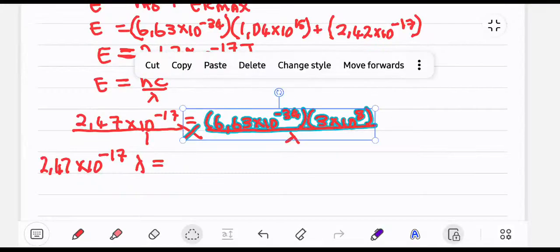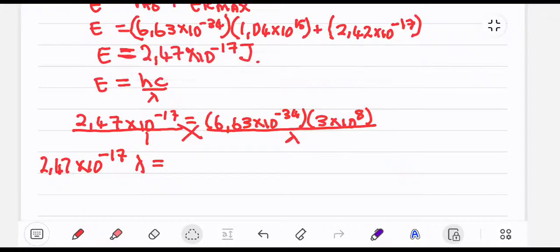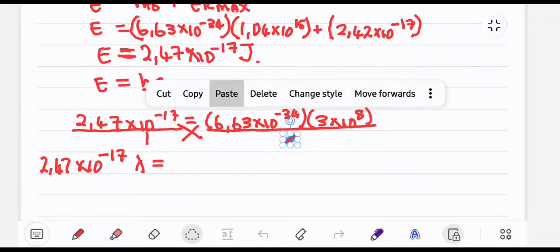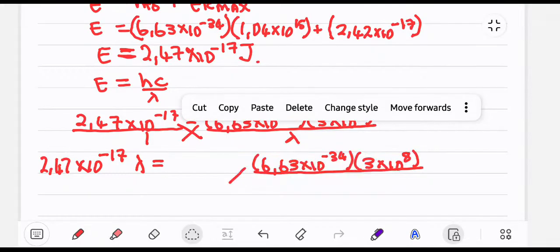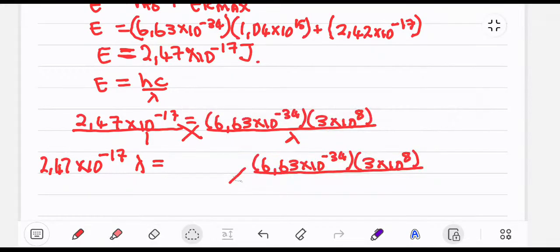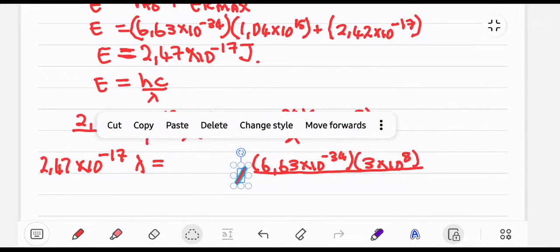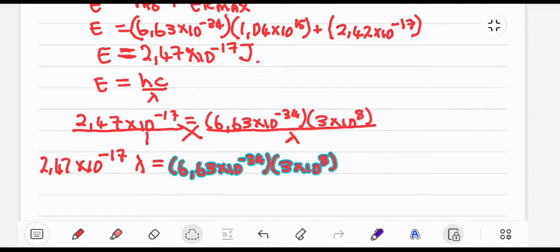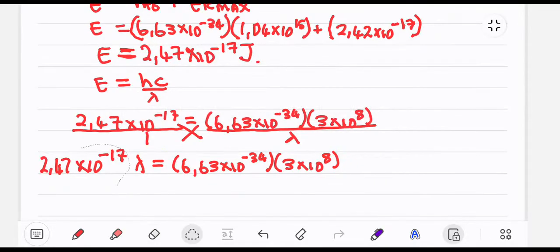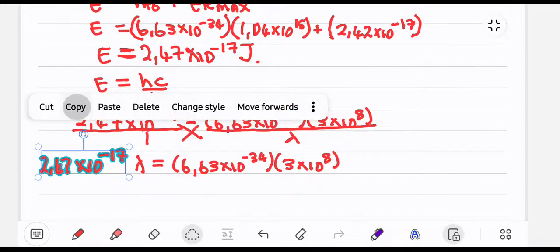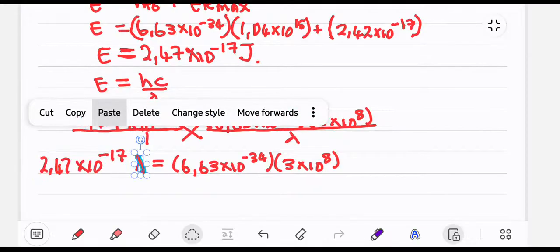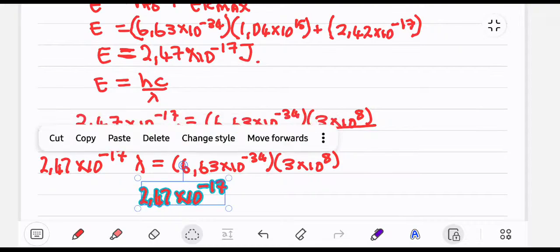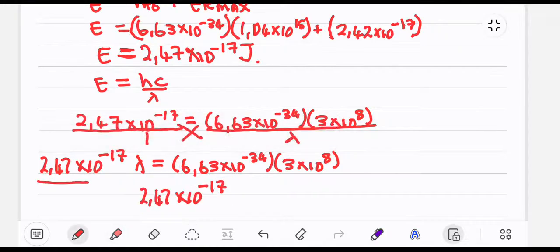Copy and paste, erase, erase, is equal to this. Afterwards I divide both sides by this, copy, paste, divide both sides by that.